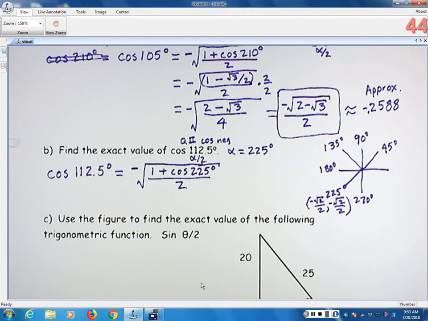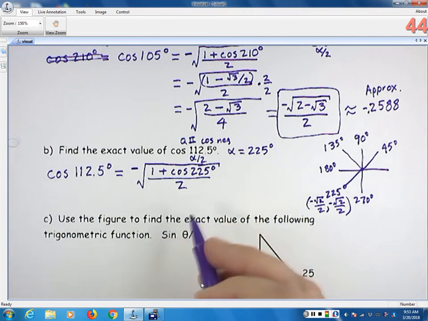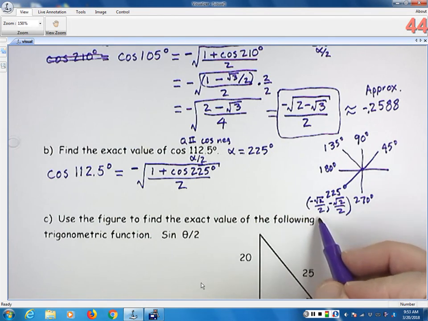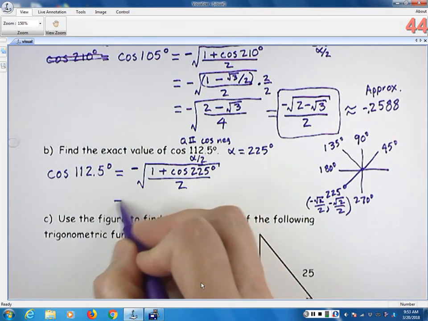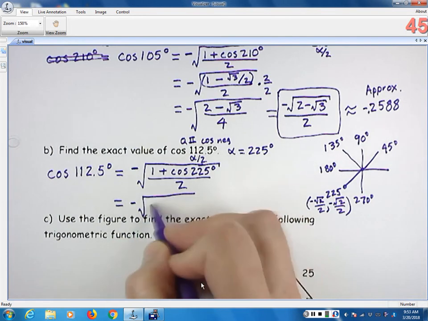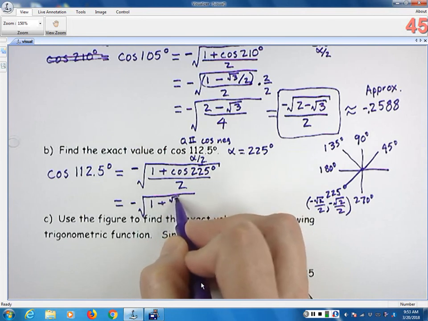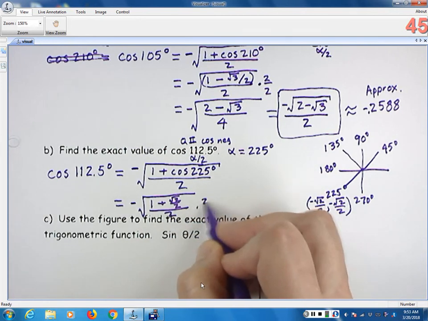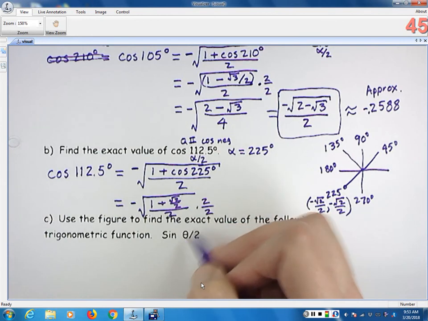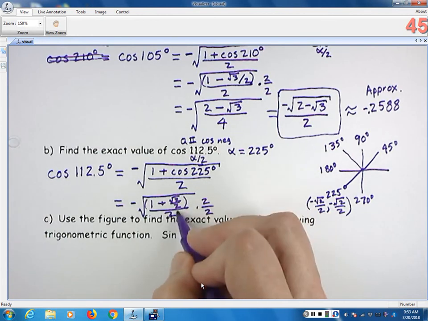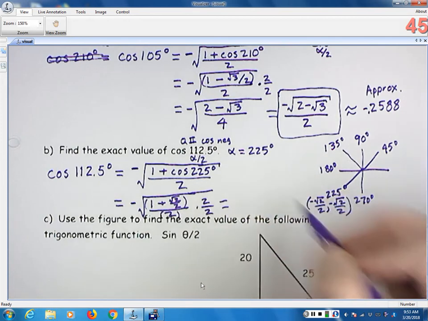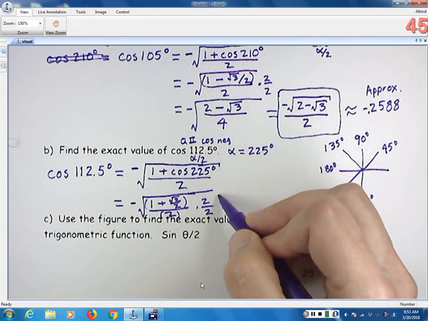Okay. And so the cosine of 225 is minus square root of 2 over 2. So 1 plus the square root of 2 over 2, divided by 2. Simplify that. You can't leave it like that.